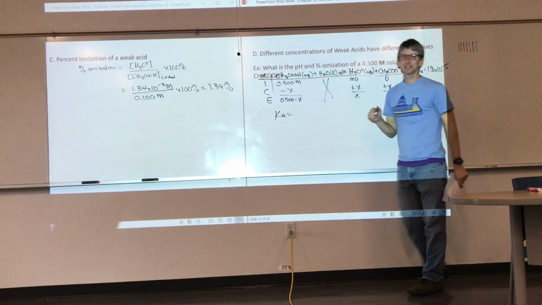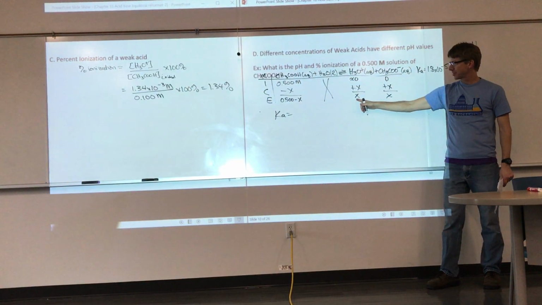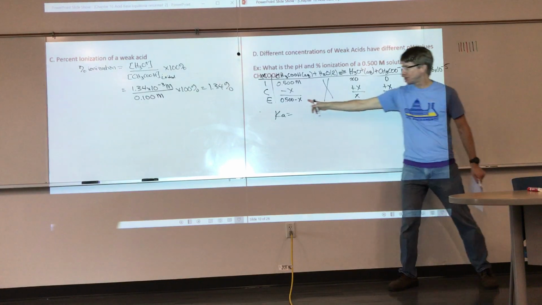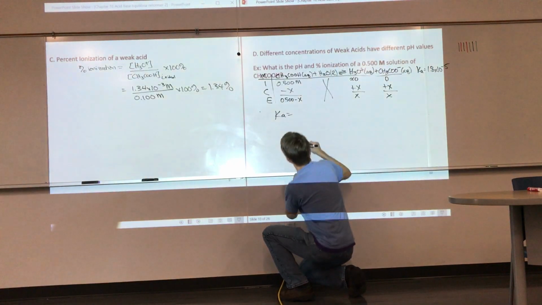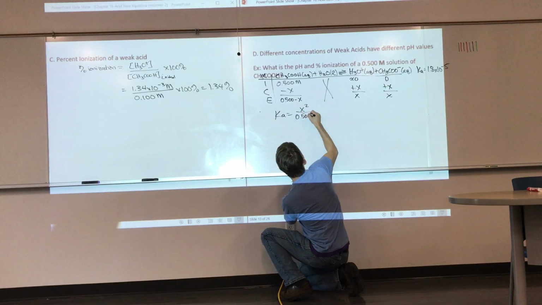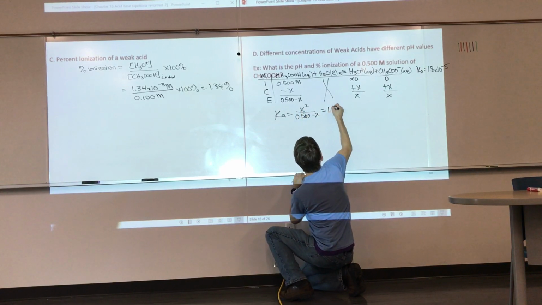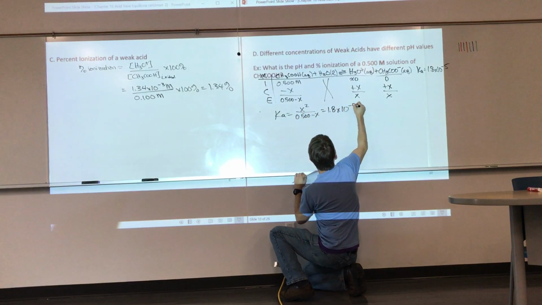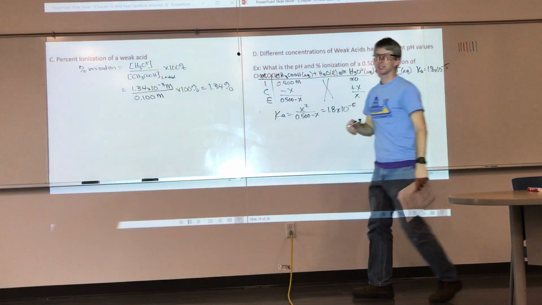And at the risk of making mistakes, I will now just jump to the fact that it is x squared over 0.500 minus x, and it still equals the Ka.